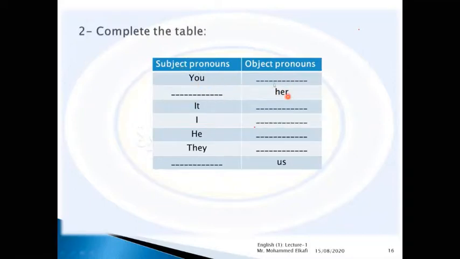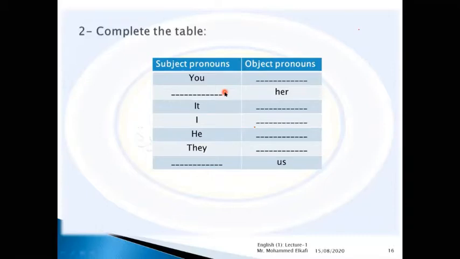So what about her? Her is an object pronoun. What should we put here? Here we should use what? She. The subject pronoun is she. S-H-E.